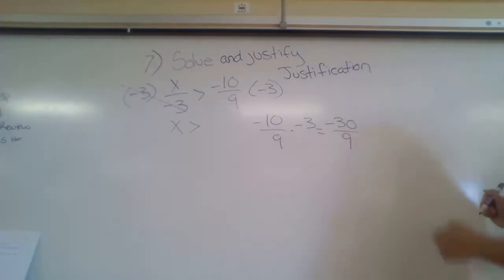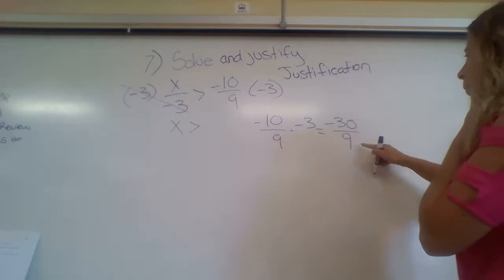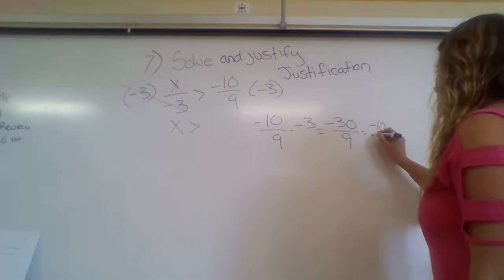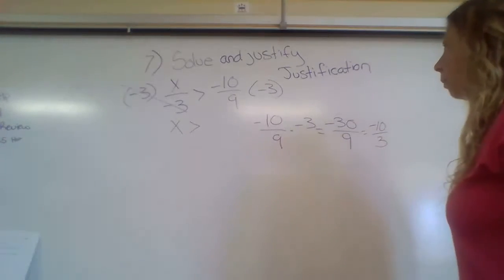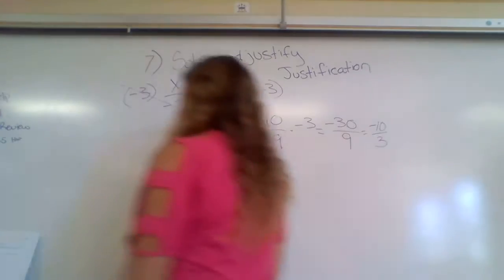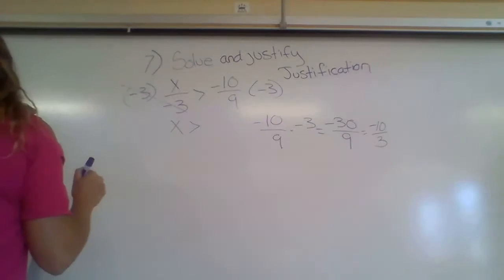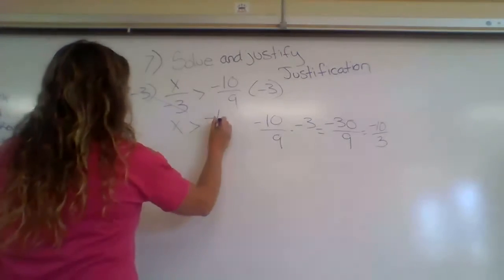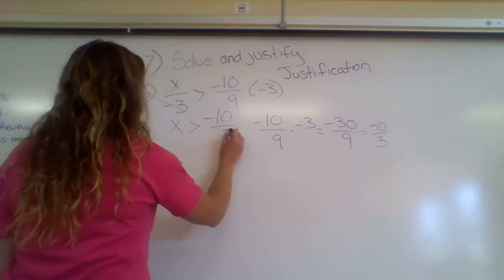But then really you should reduce that. You can divide both numbers by 3, so this is negative 10 over 3.